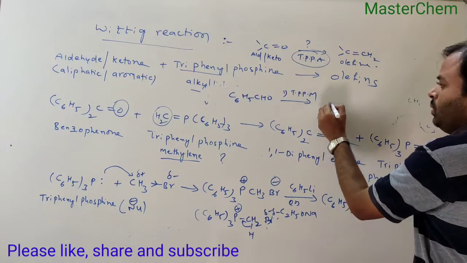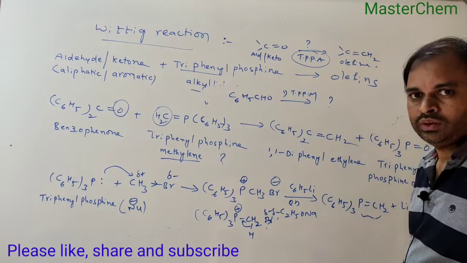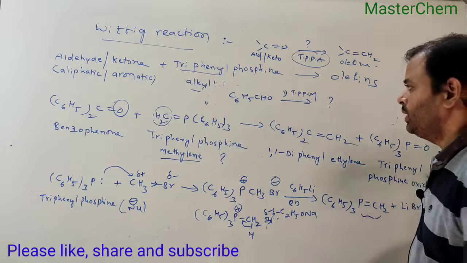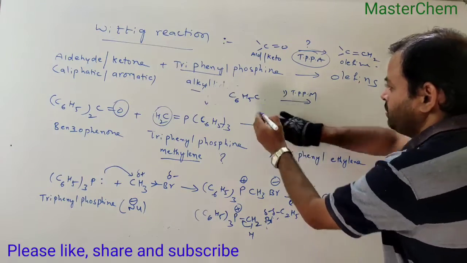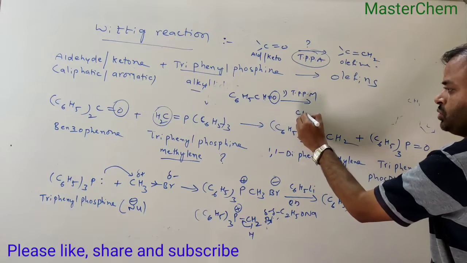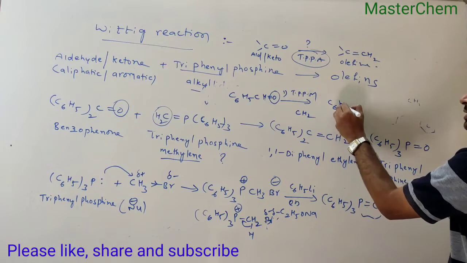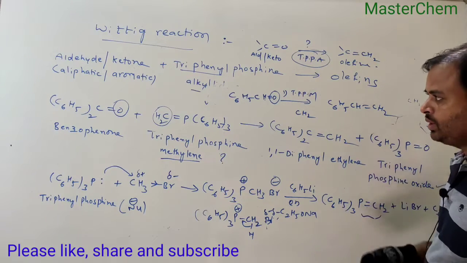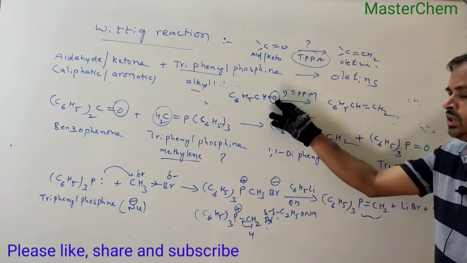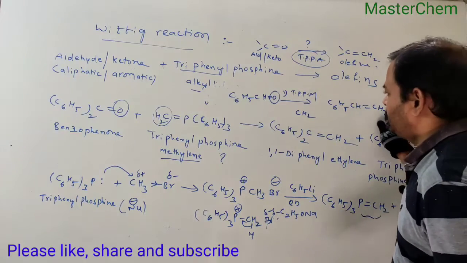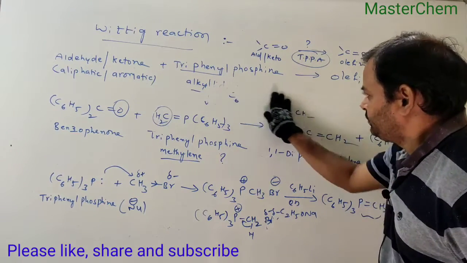What is the product? C6H5CH double bond CH2. Just replace the oxygen of CH double bond O with CH2. You can blindly write the product like this. For any given compound, just replace oxygen with a CH2 group. That will be the Wittig product.